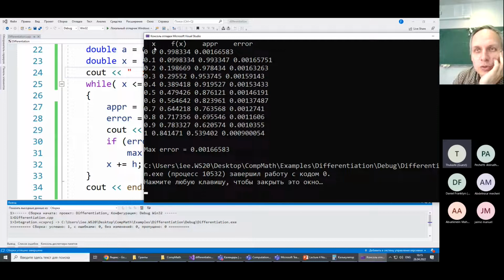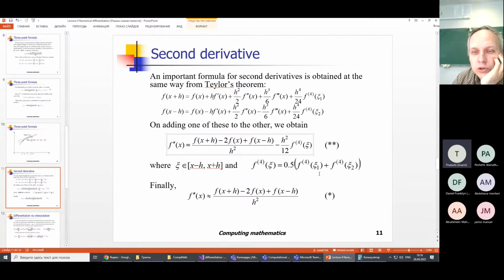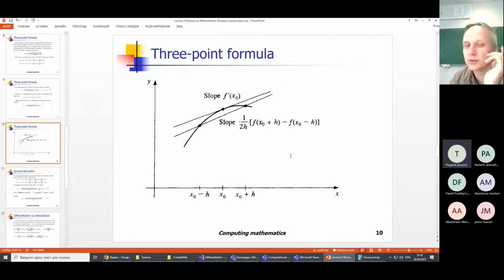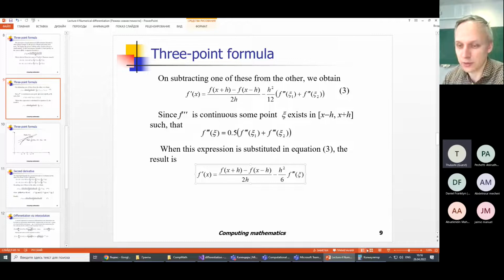So x moves from 0 to 1, and you see that the error is approximately 0.01, and the largest error equals 0.00166. Okay. We compute the first derivative, but the formula for the error is more or less the same.